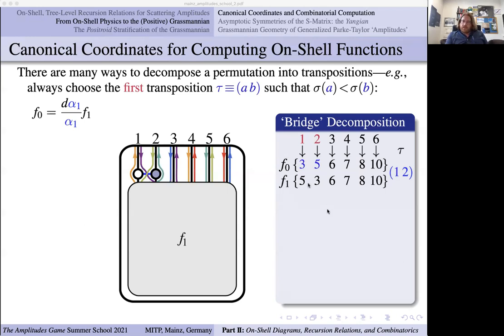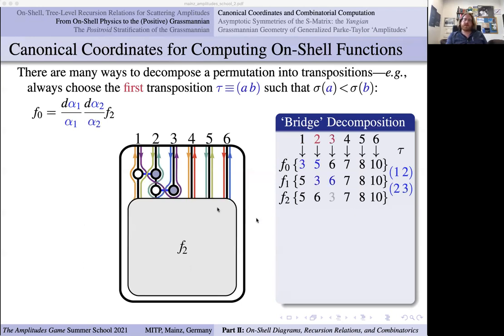Now we look at this and we find the first pair of images that are ordered. What we see is that 2 goes to 3 and 3 goes to 6. Neither of them is the identity, so we are going to transpose 2 and 3. So now this graph is something simpler. You can keep track of the permutations and see that the permutation label for F2 is 5, 6, 3, 7, 8, 10.